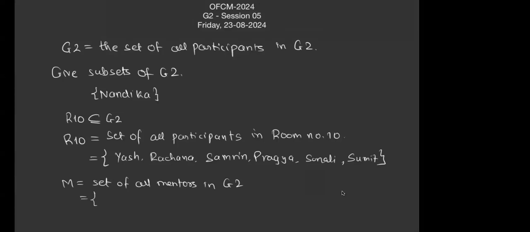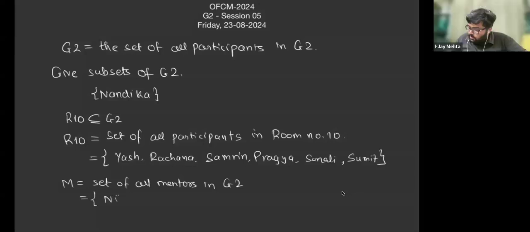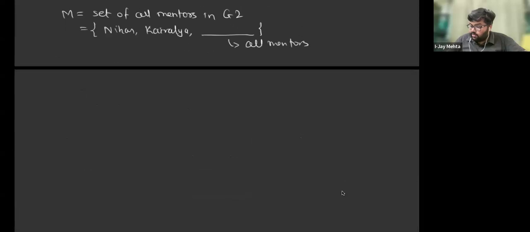My mentor is Nihar sir, and then Kaivalya. Okay, so I have to write all the mentors' names. I have not written them, but assume that all mentors are listed. Good. Set of all mentors.